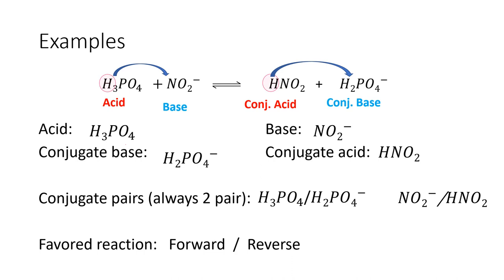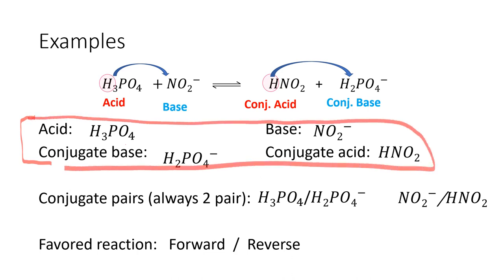Now I might not always include this part right here, which is why I tell you in your problems you should be writing the acid and base and the conjugate acid and base underneath the substances. And also do show that movement of the proton.